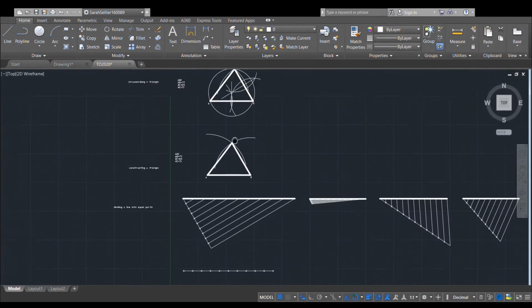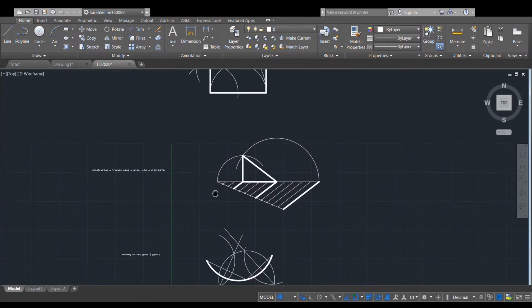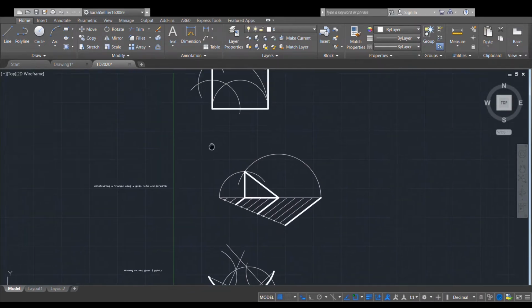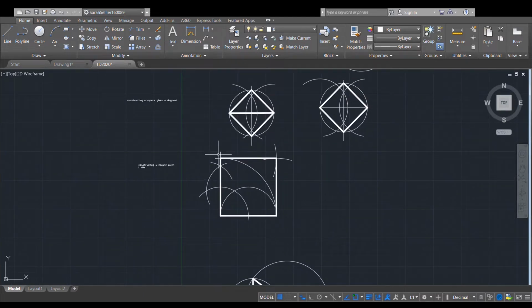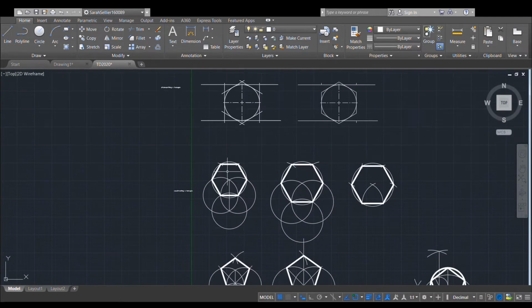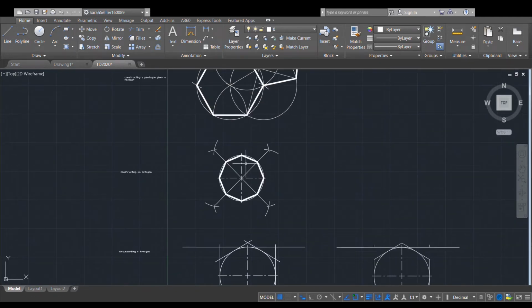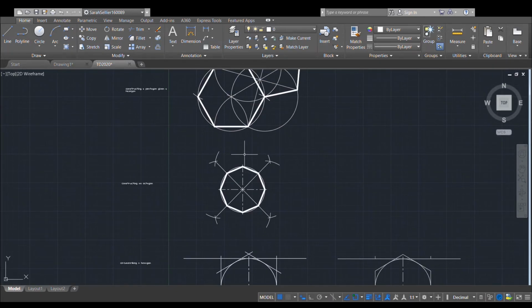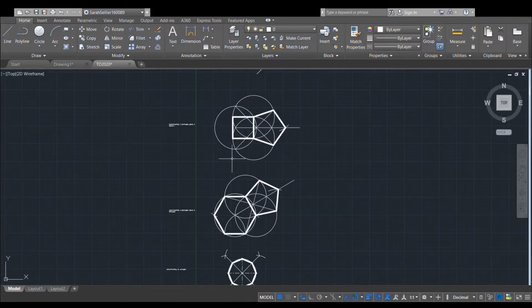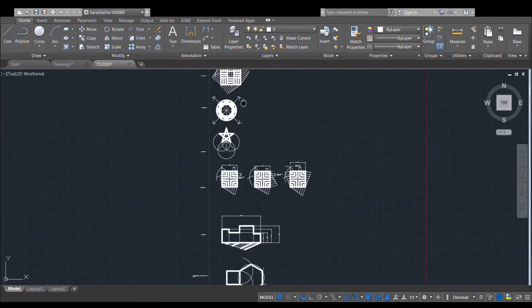Going to look at ratio, constructing a triangle, circumscribing about a triangle, constructing a triangle giving a ratio and a perimeter, constructing polygons: square, pentagon, hexagon, circumscribing a hexagon maybe. Yeah, I might leave that one out. Constructing an octagon, and these are just some exercises, but that'll be essentially it.